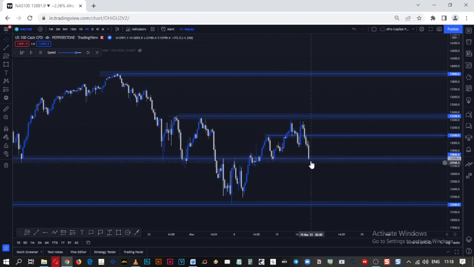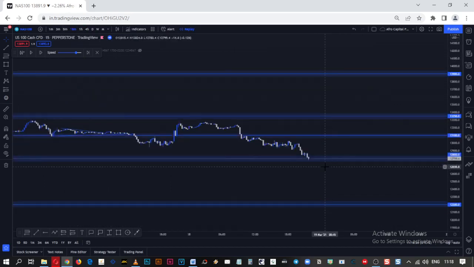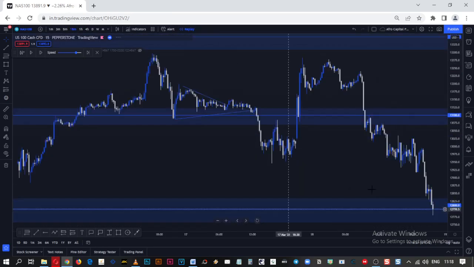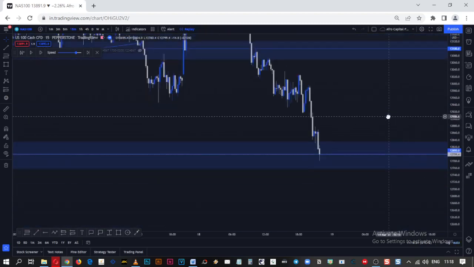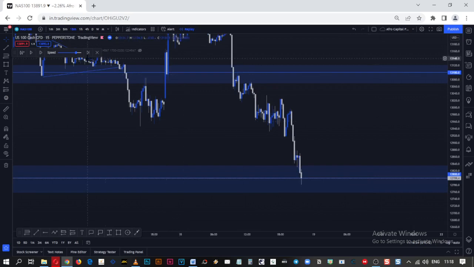We can break, we test, continue lower, or move to the upside. Only the 15-minute will tell us what will happen.